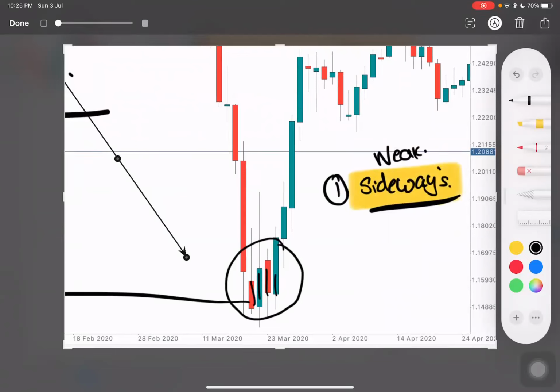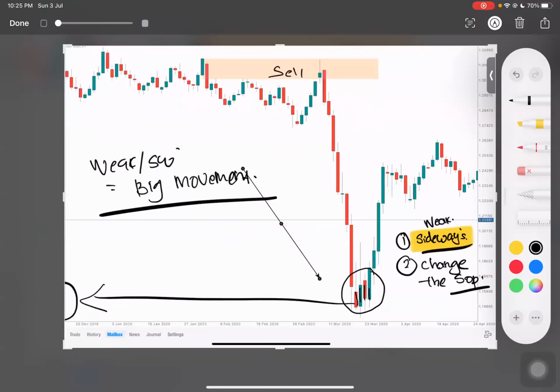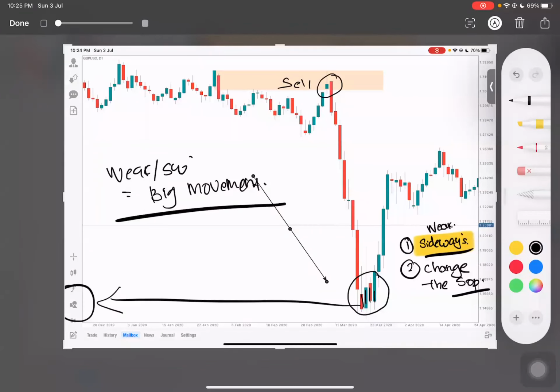Second one, what does price start to do? Price starts to change the SOP, price starts to change the movement. For example, start here until here, price keeps doing engulfing sell, dominant sell, engulfing fail sell, dominant sell, all the downtrend movement.